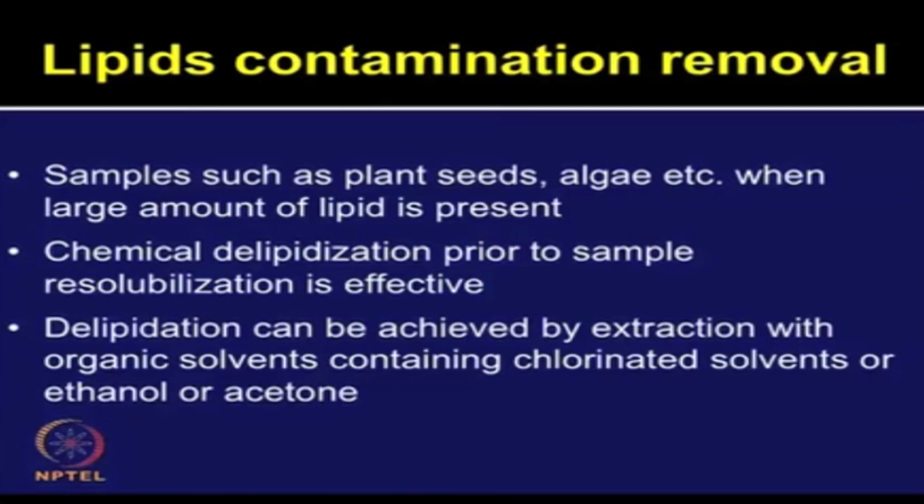This process of delipidation can be achieved by extraction with organic solvents containing chlorinated solvents or ethanol or acetone alone. But this step becomes very crucial if you are analyzing the proteome of those biological samples which are very rich in lipid components.